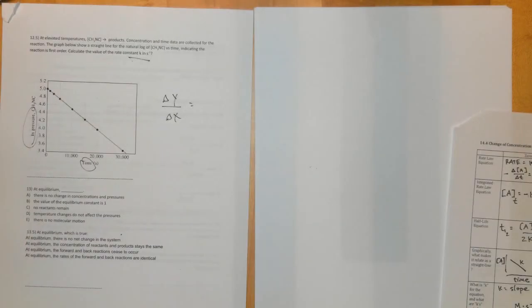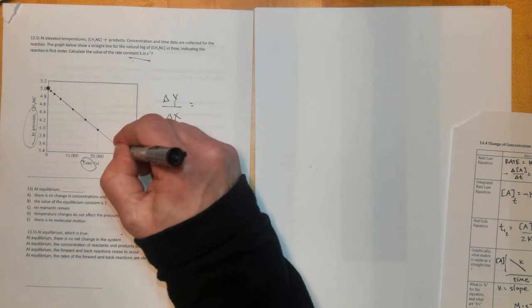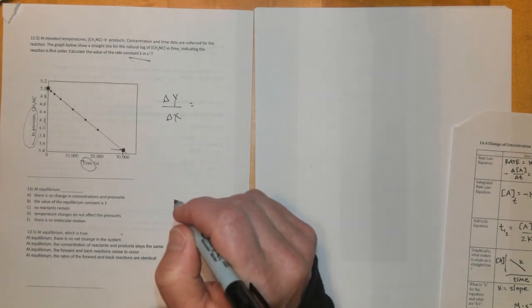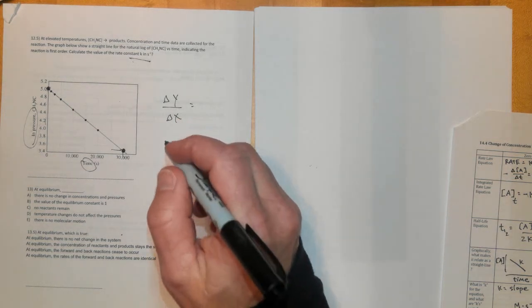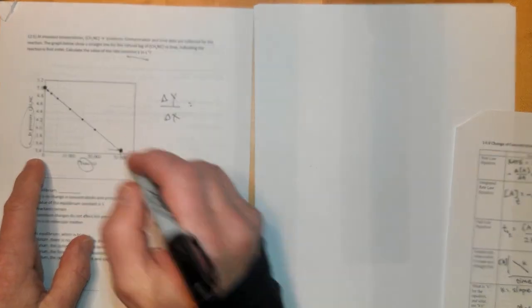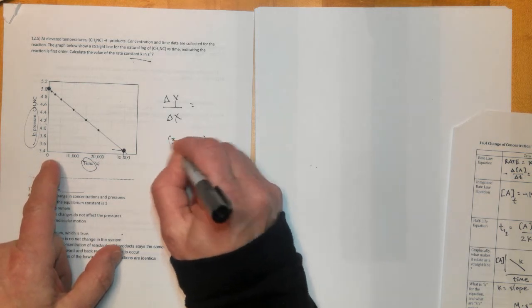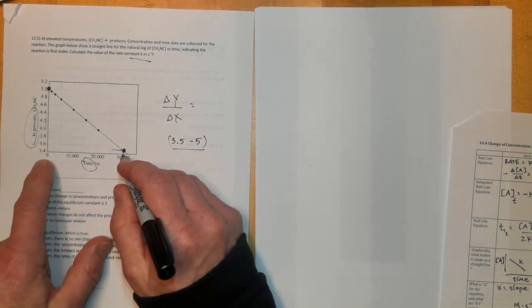And so if I picked a couple of points right here, for example, maybe 5 right here, and let's pick a second one like maybe 3.5 right here, so those 2 points right there, I would have the change in y to be from about 3.5 to about 5, and the change in x to be from 0 to 30,000 right here.